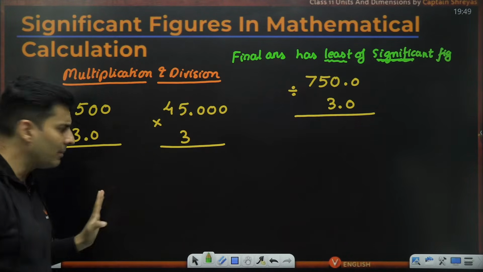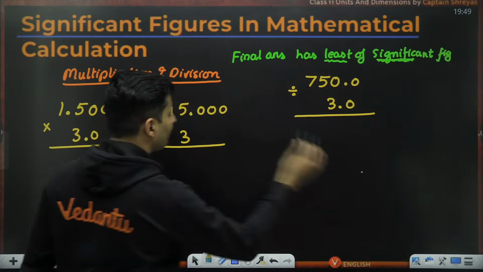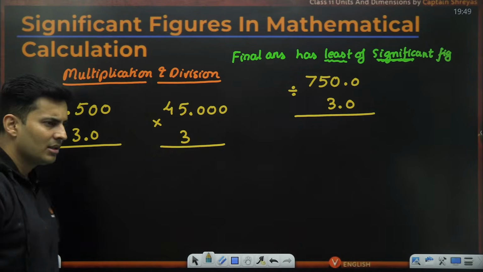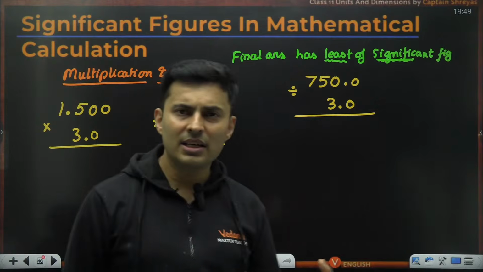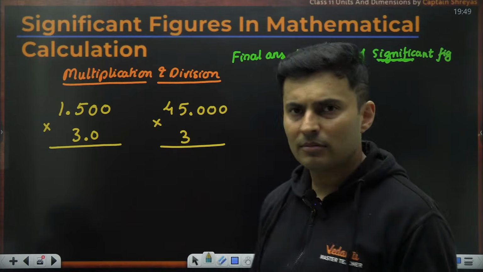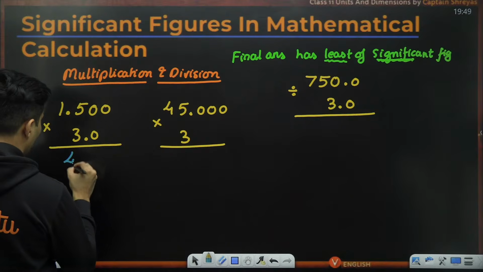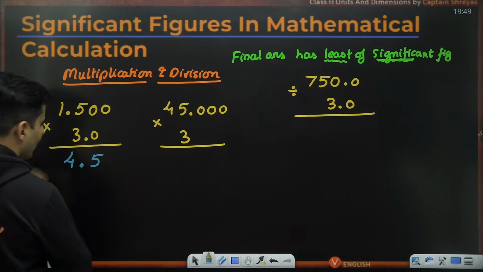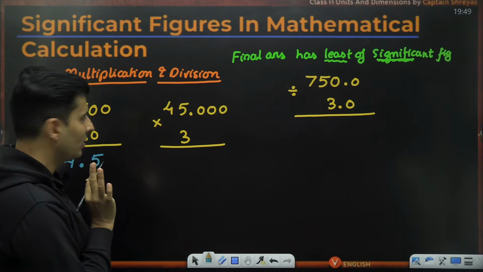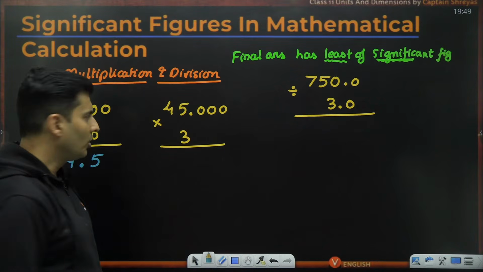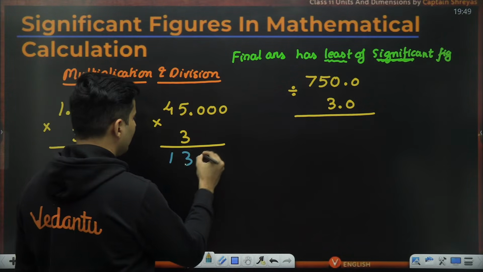Just do the normal multiplication first. Don't bother so much. Or division, whatever it is. 1.5 into 3, guys, 15 times 3 is 45, right? So it is just going to be 4.5. So just put 4.5 as of now. Don't touch anything more. Here, 45 into 3, that's going to be 135.